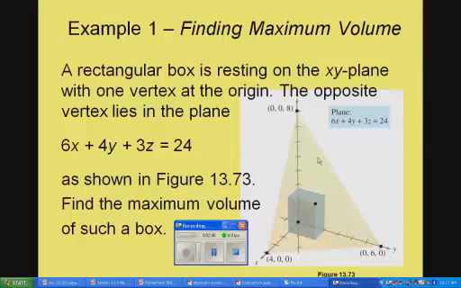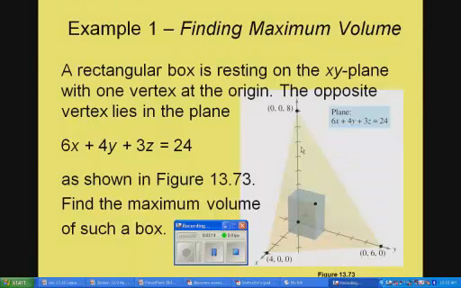You have a plane drawn, and a plane has an equation, ax plus by plus cz equals d, let's say. You're allowed to pick any point in the first octant on that plane, and when you do, you automatically get a rectangular box. So they picked one right here.